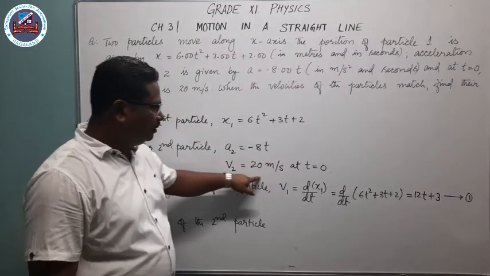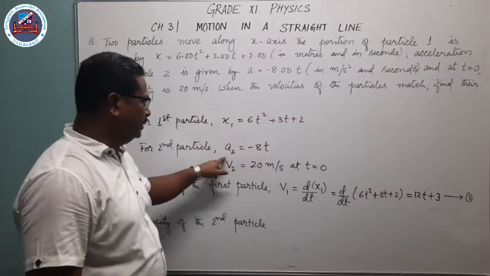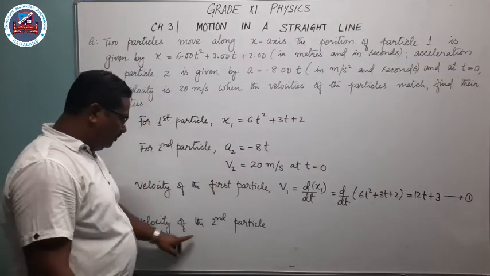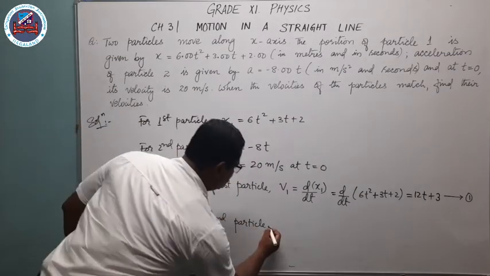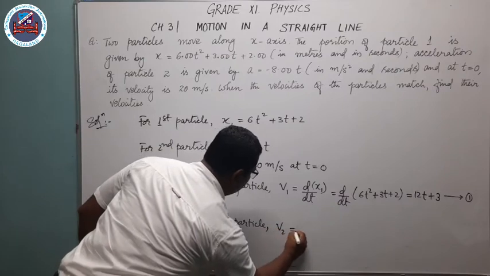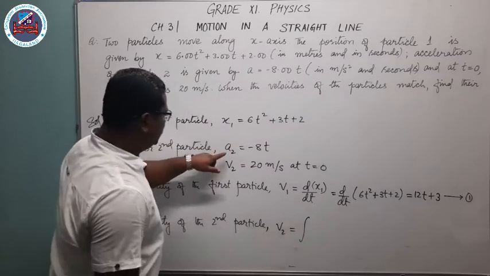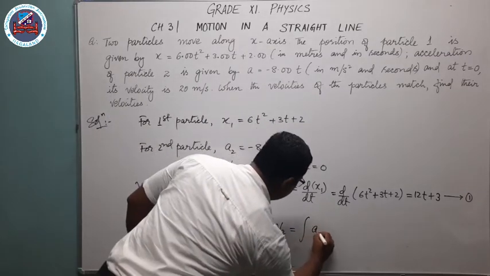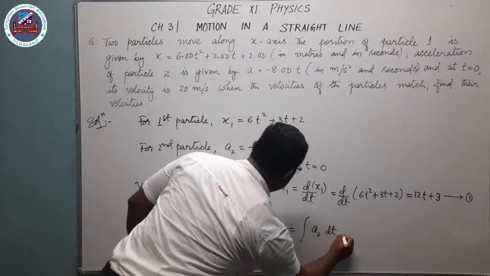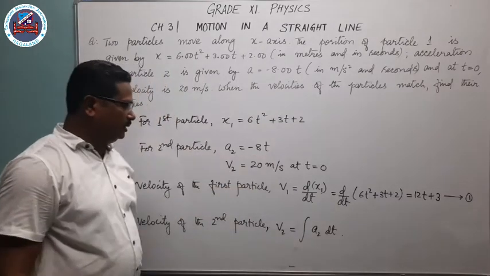This is to find out the integration constant. To find v2, you'll have to integrate this acceleration a2 dt with respect to time.